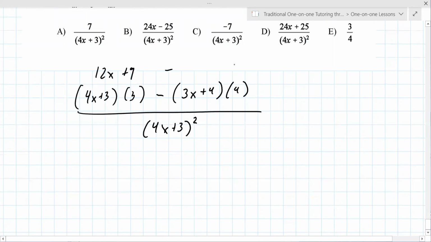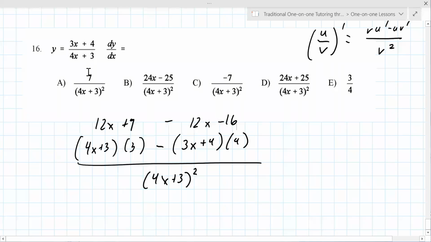All right, so what happens in this case where you have a linear over a linear, the variables always cancel out. So yeah, this one is -7 over (4x plus 3) squared. And just in terms of our sign chart, I'll leave you with this last point.